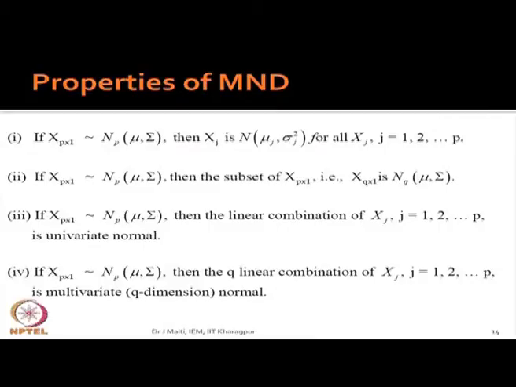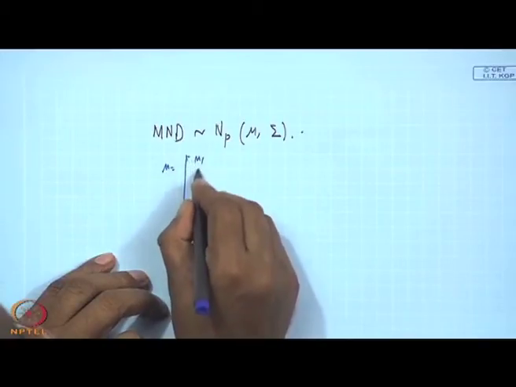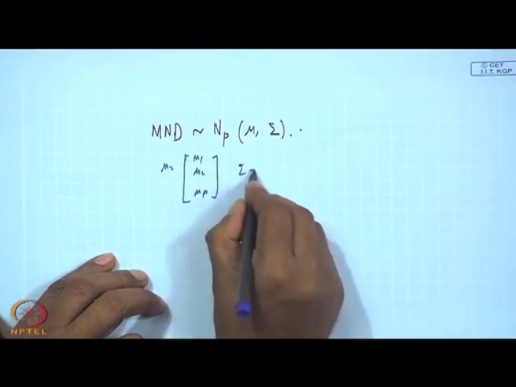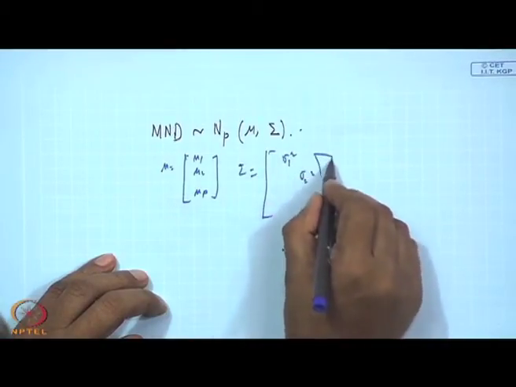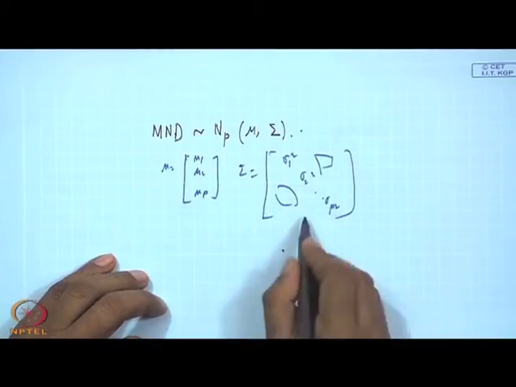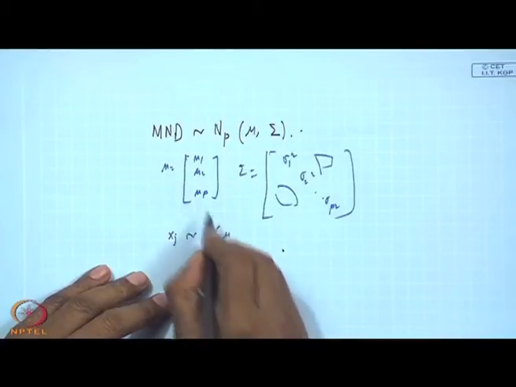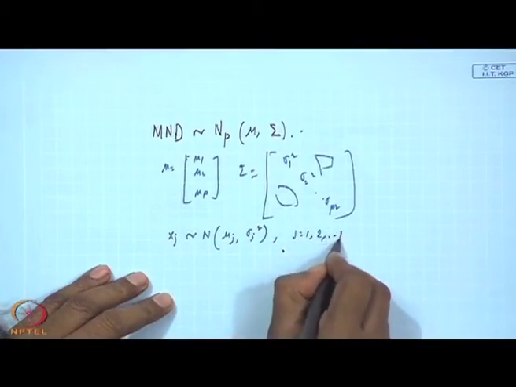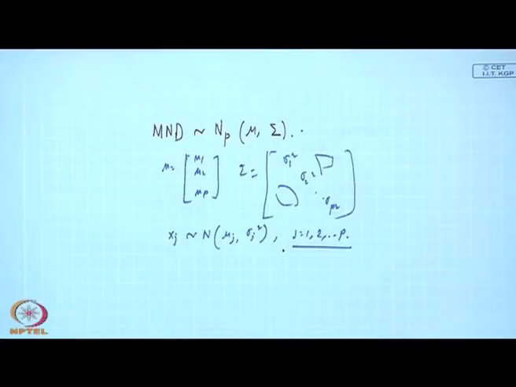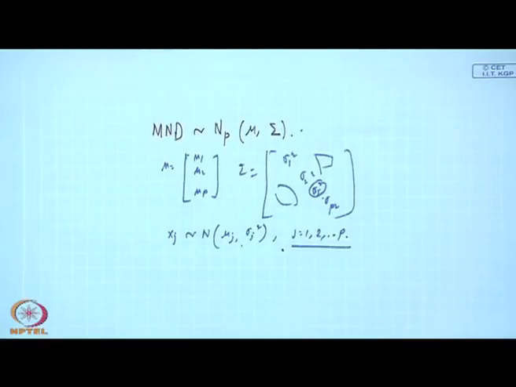That means, where mu is mu1, mu2 to mu p and sigma is, I am writing sigma 1 square, sigma 2 square, sigma p square, and these components are also there. Any one, if I say the xj, this will be your univariate normal with mu j and sigma j square, j equal to 1 to p. So, that means that sigma j square will be coming from here. Okay. This is your first property.